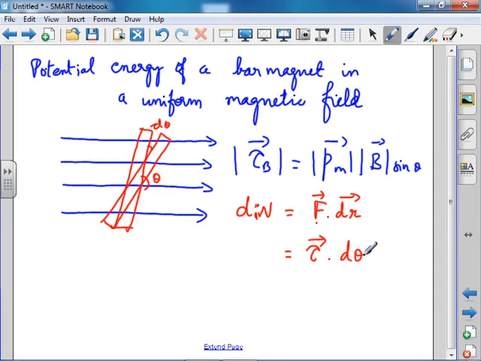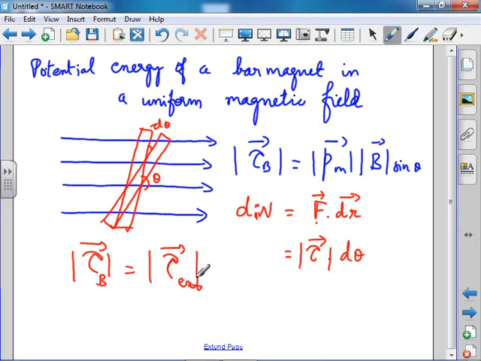So dW is equal to torque tau vector dot d theta. That means the torque due to the magnetic field is equal to the torque produced by the external work done, the torque we apply externally to move it.